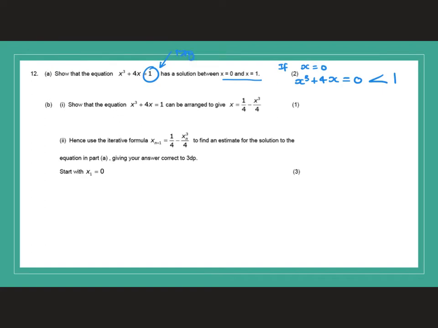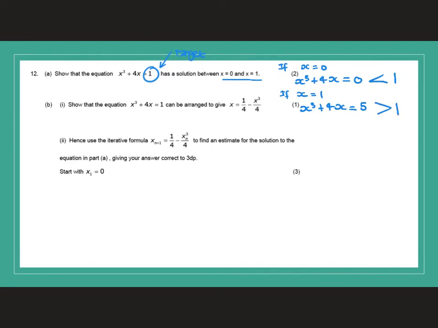The correct answer, the final answer that works for us, will get to 1. Now, x equals 0 gets us to a value that's less than 1. What happens if x equals 1? We then have x cubed plus 4x, and we substitute in x, and it would give us an answer of 5. Now that's bigger than 1.